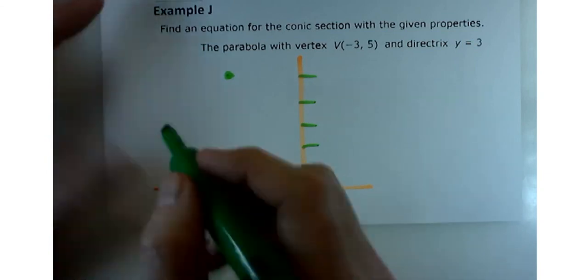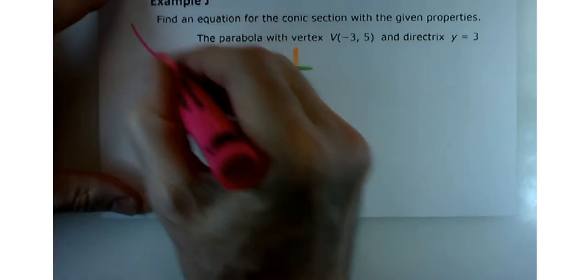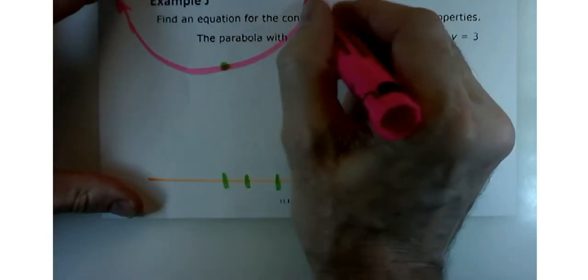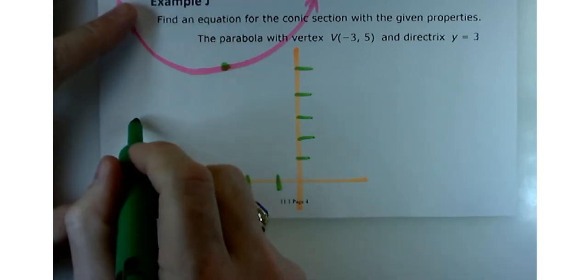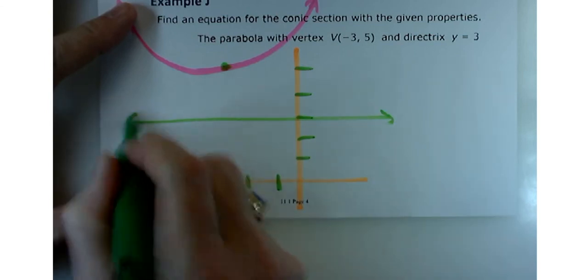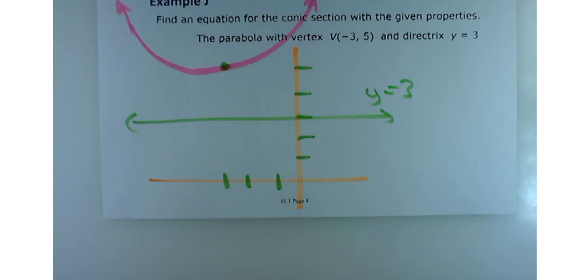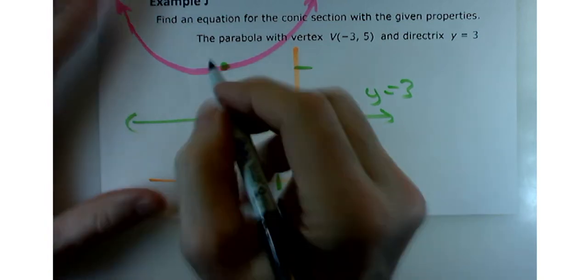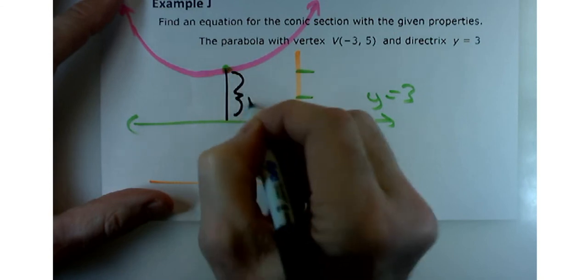So our parabola is going to open up from there, somehow or another, like that. And then at y equals 3, down here, we've got our directrix. Now that tells me a very important number. That distance here is p.